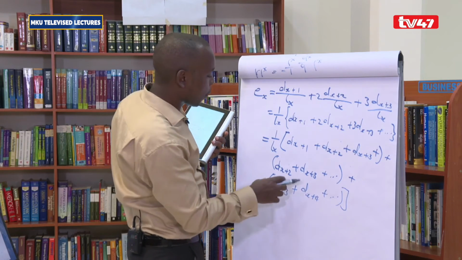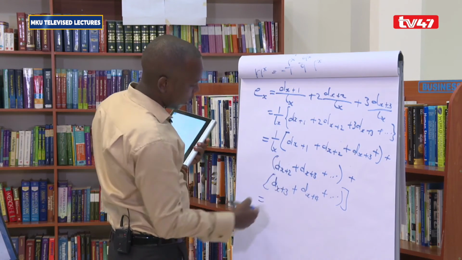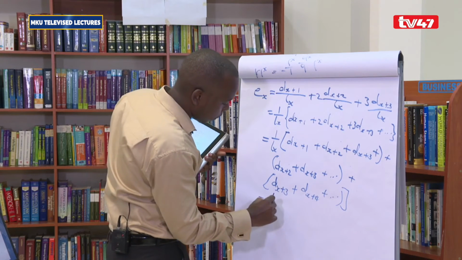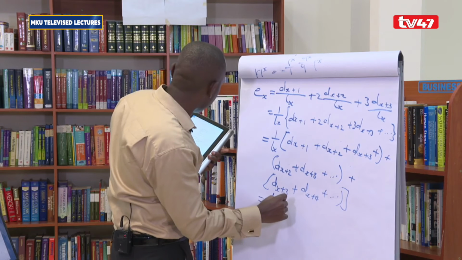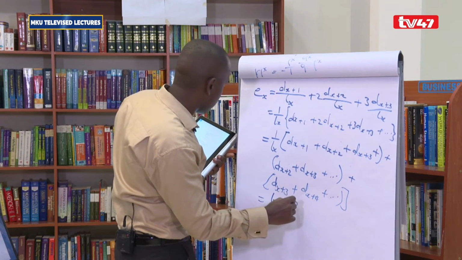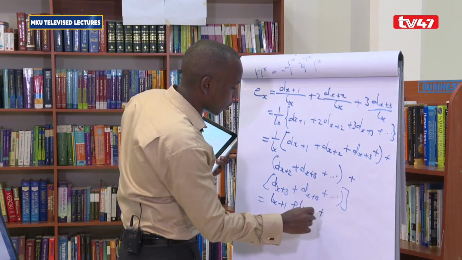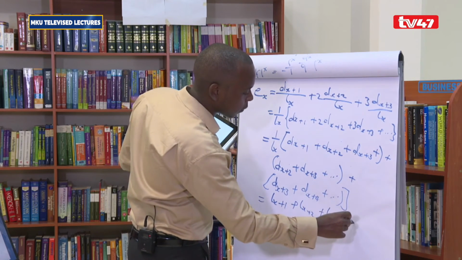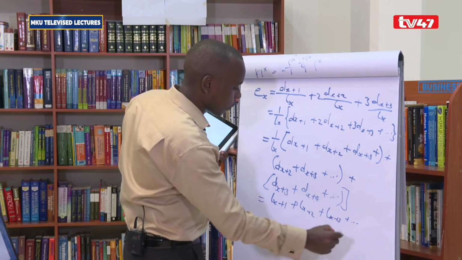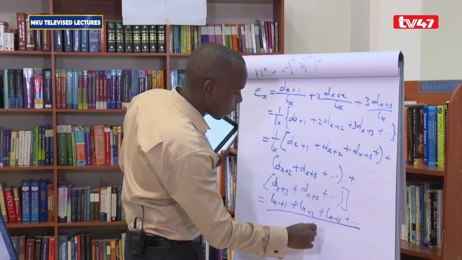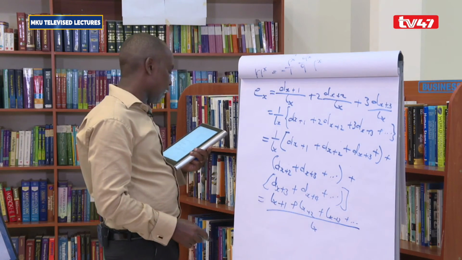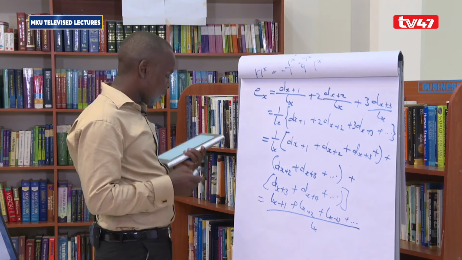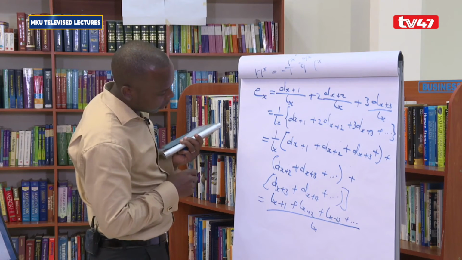So what we end up with here is something that looks like this: Lx plus 1, plus Lx plus 2, plus Lx plus 3, all the way, all over Lx. And hence, we can say that that is our proof.